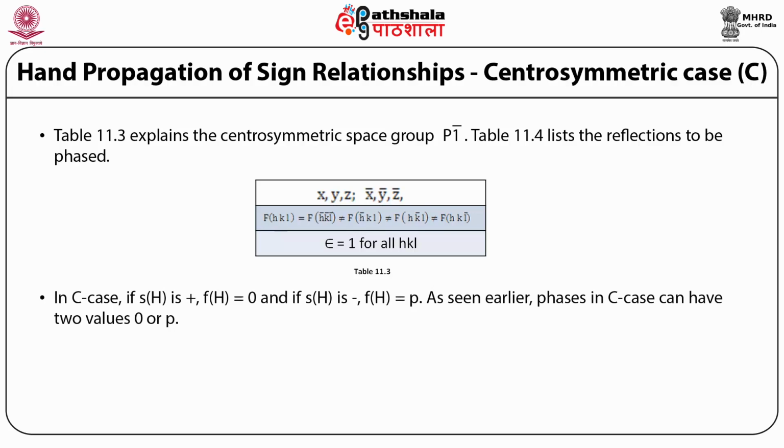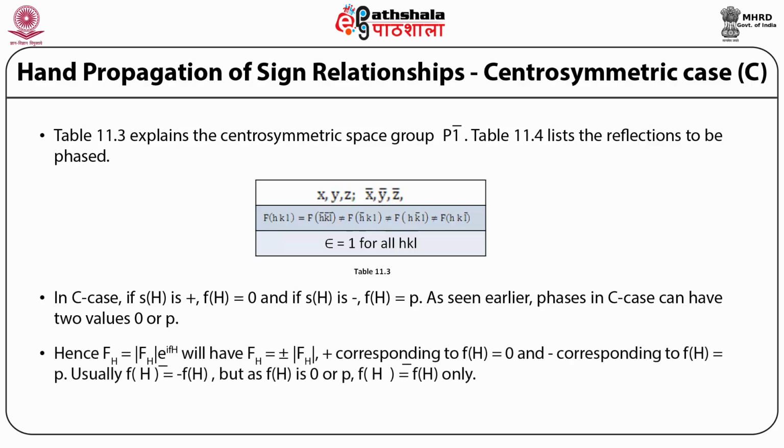In the centrosymmetric case, as I told you, if the sign of the H reflection is plus, then the phase of that reflection, phi of H, is 0. If the sign of that reflection is minus, then the phase is pi. So in the centrosymmetric case, we have 2 choices of phase, 0 or pi. In other words, the sign of the structure factor F_H can be defined as plus or minus the amplitude of F_H. The amplitude is available from experiment, so we have to assign the sign, either plus or minus.